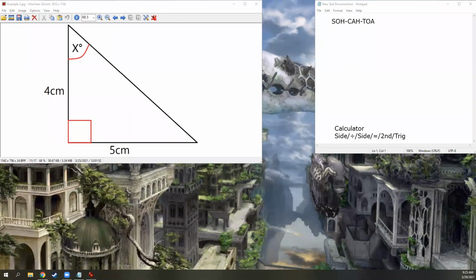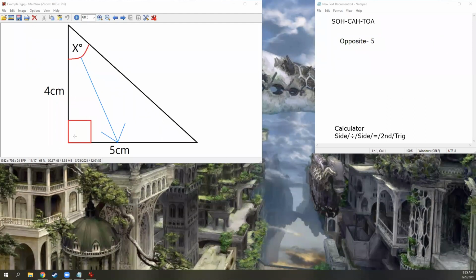So let's look at this guy. We're going to go through the same process because I'm a creature of habit, and I said that before, which shows how much of a creature of habit I am, right? So we're at this angle. We're going to go across from it to see if we have an opposite side, and look at that, we do. It happens to be 5 centimeters. Oh, this is a tiny triangle compared to the last one.